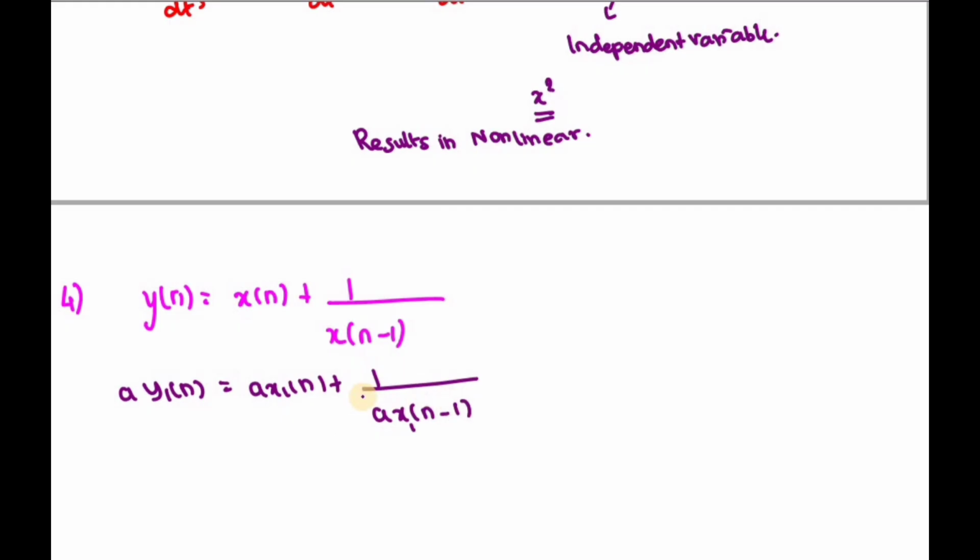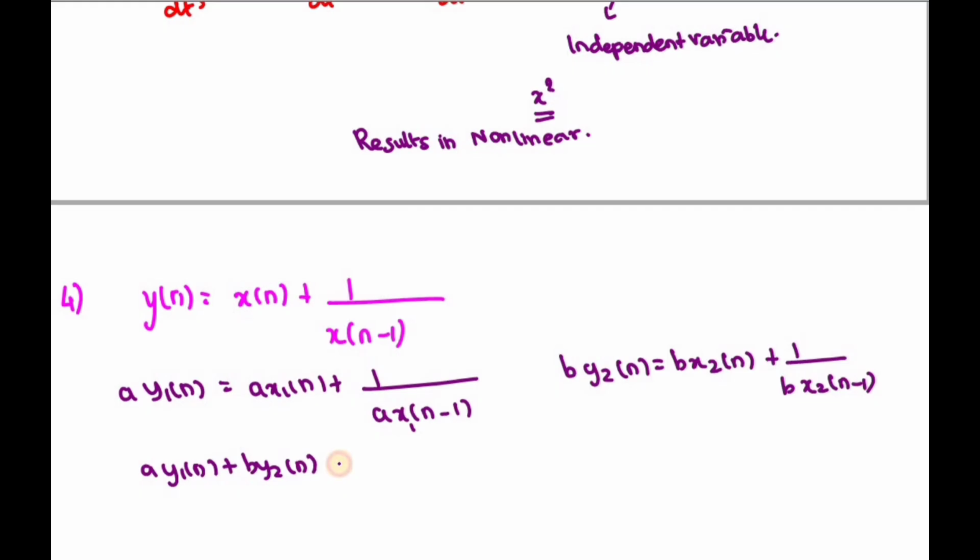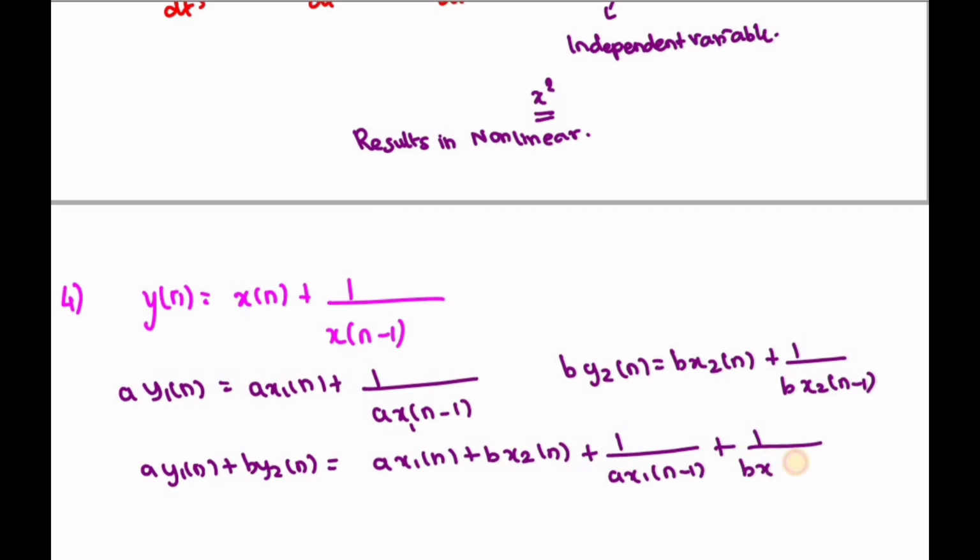Then b into x2 of n is equal to b into x2 of n plus b into x2 of n minus 1. So here a y1 of n plus b y2 of n is equal to a x1 of n plus b x2 of n.